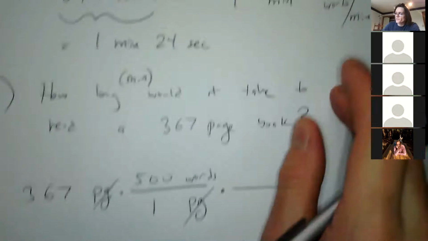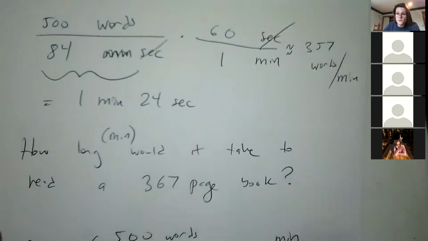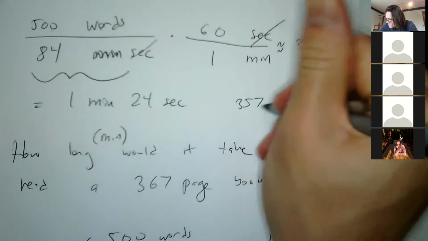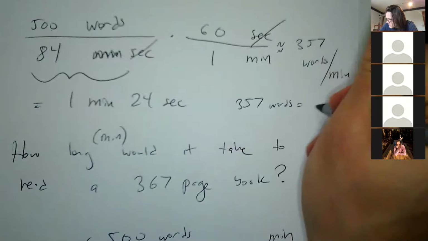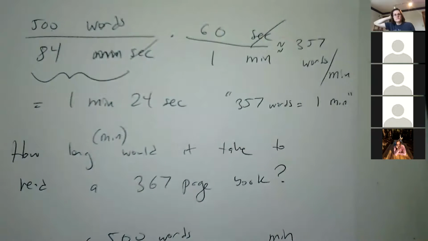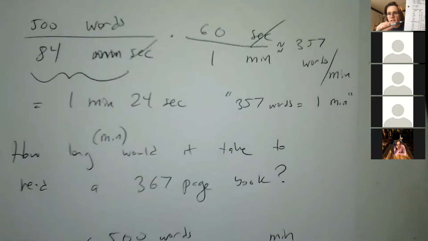And so if I can read at 357 words per minute, you can think of it as 357 words equals 1 minute. Like a lot of these unit conversion sheets, you'll have different units together, right?